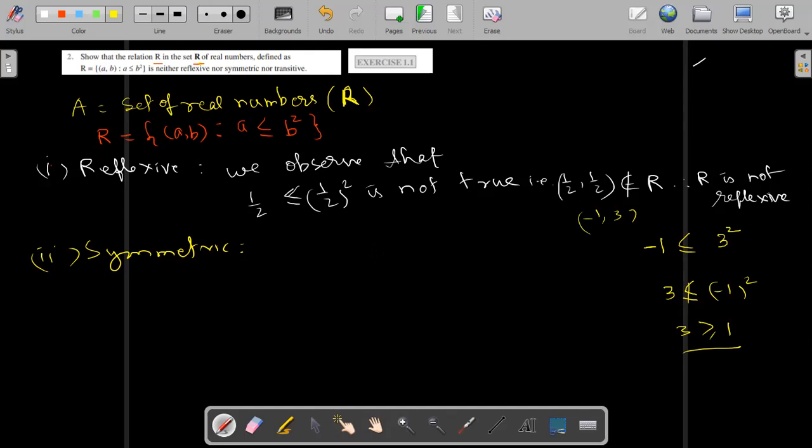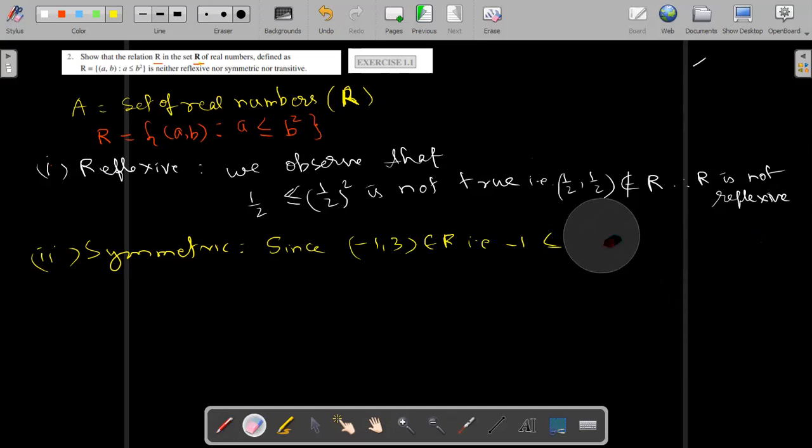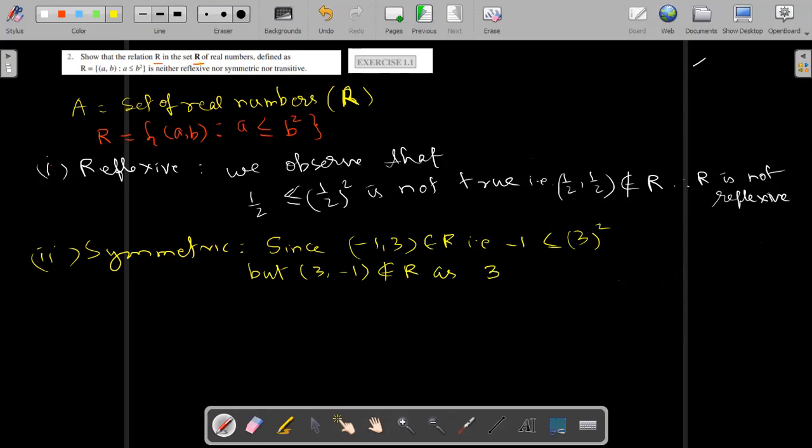But if we write 3, 3 is not less than or equal to (minus 1) squared, because that is 1. So since (minus 1, 3) belongs to R, that is minus 1 is less than or equal to 3 squared, but (3, minus 1) does not belong to R, as 3 is not less than or equal to (minus 1) squared.